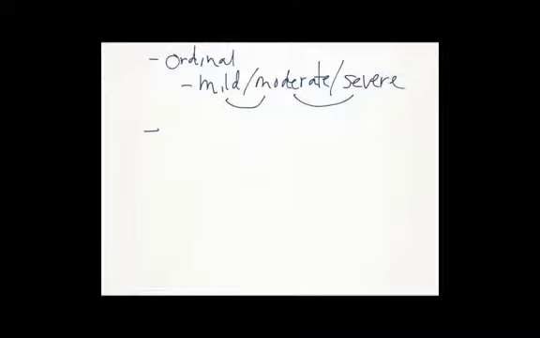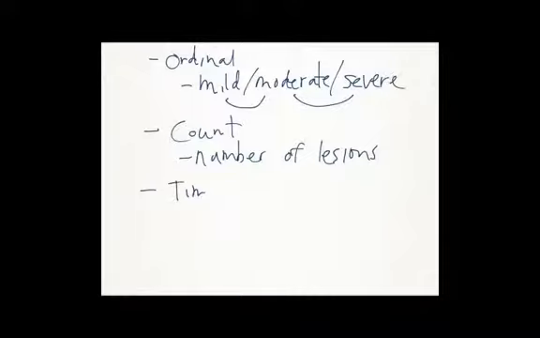We might also have a count variable, and this will count the number of times something happened. So one example might be the number of lesions a patient develops. Or the number of seizures, the number of anything else that you can think of. Okay, so that's a count variable. And the last one we're going to talk about here is a time to event variable.